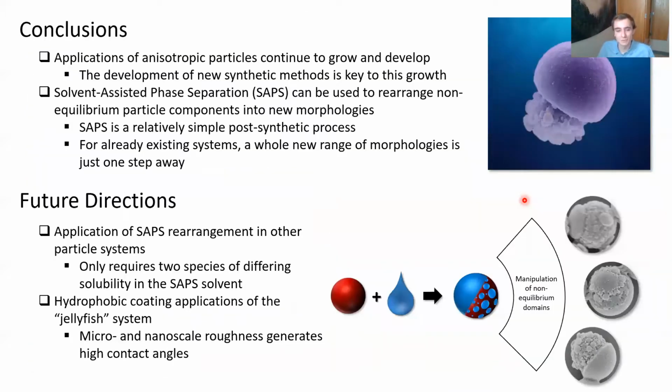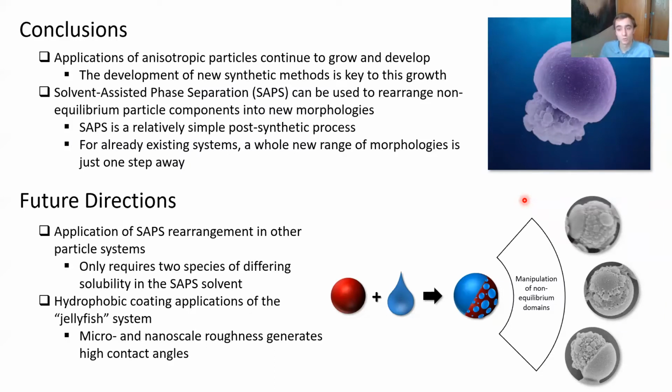All right, so just some final conclusions. Essentially, anisotropic particles are a growing field, and that field will only be pushed further with the development of new synthetic methods. And we think SAPS is one of them. SAPS is also relatively simple. It's a post-synthetic process. It's just swelling and evaporation. You don't have to do that much. And we think that SAPS can be applied to a wide range of particle systems that already exist.